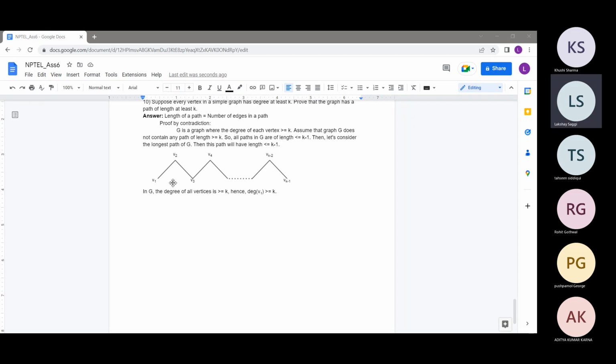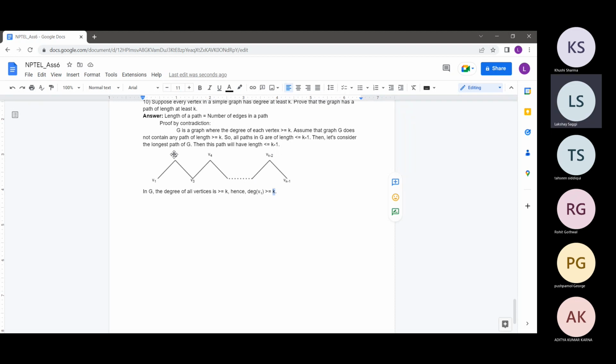So what I mean to say is the degree of V1 was greater than or equal to k. So V1 should have at least k neighbors. Suppose V2 was a neighbor, V3 was a neighbor, V4 was a neighbor, and all of these up to Vk minus 2 and Vk minus 1 were neighbors of V1. Then in that case also, these only constitute k minus 2 vertices, V2 up to Vk minus 1.